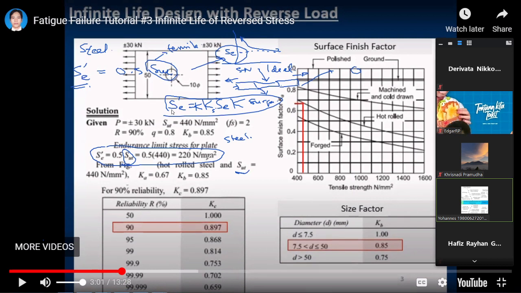But we have some correction factors for size, surface finish, and stress concentration, and also the reliability factor as mentioned here. All those factors will modify the endurance strength of the material. Let's continue this tutorial.